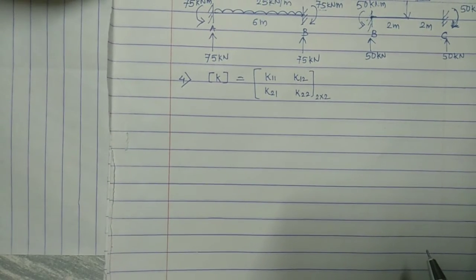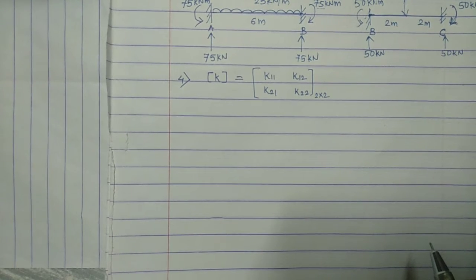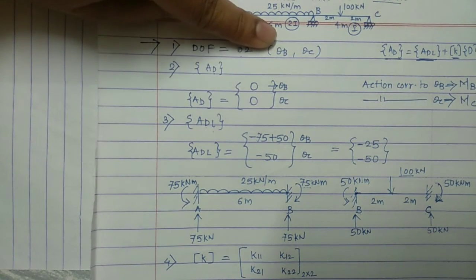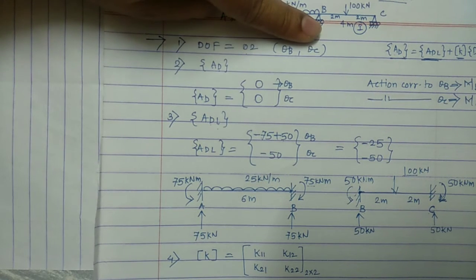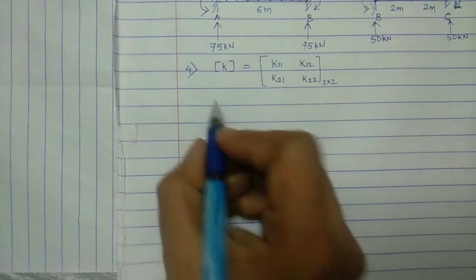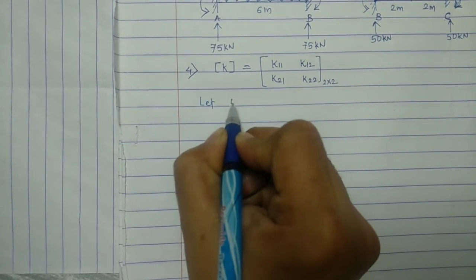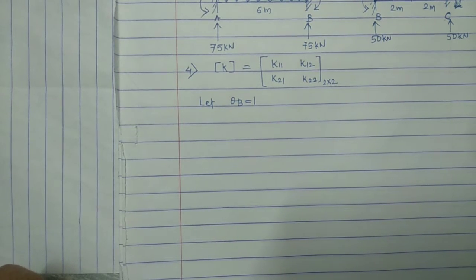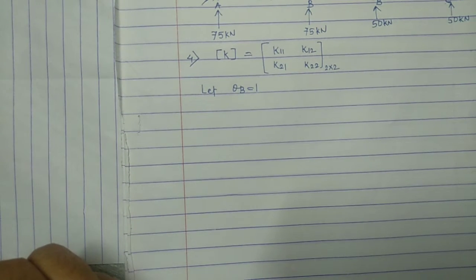For calculation of this stiffness matrix, let each of the 2 degrees of freedom equal 1 in each step. That is, we draw the figure when theta B equals 1 and second when theta C equals 1. So here, let theta B equal 1.